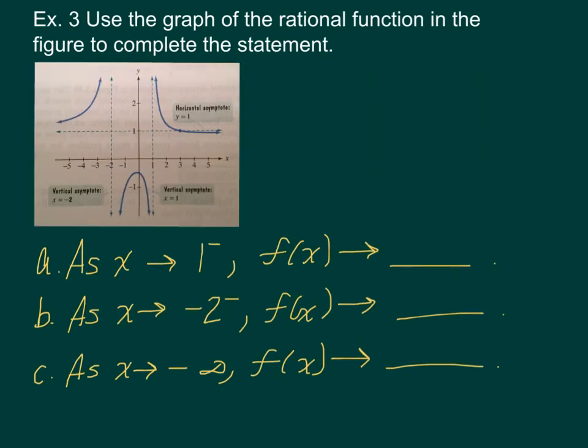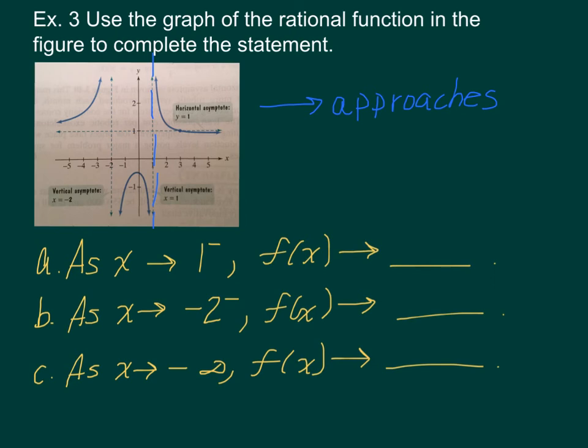Example 3 is the same directions, but we have a different graph. So remember, when you see this symbol, this means approaches. So for A, it says, as x approaches 1 from the left. Here's the vertical asymptote 1. Notice in this picture I have 2 vertical asymptotes and 1 horizontal.